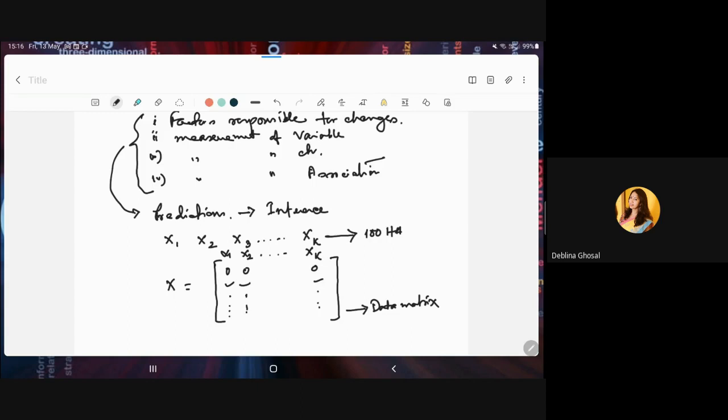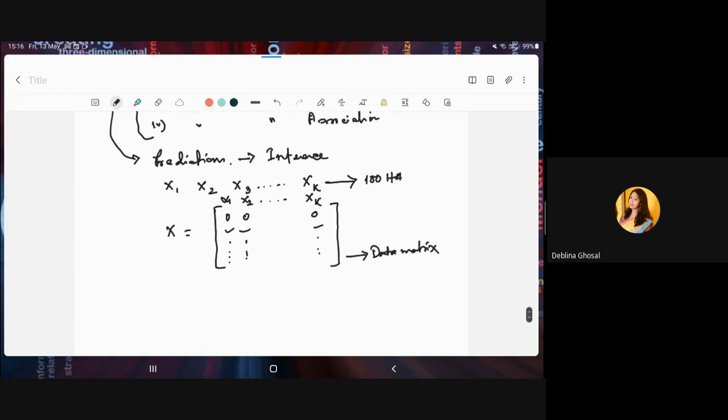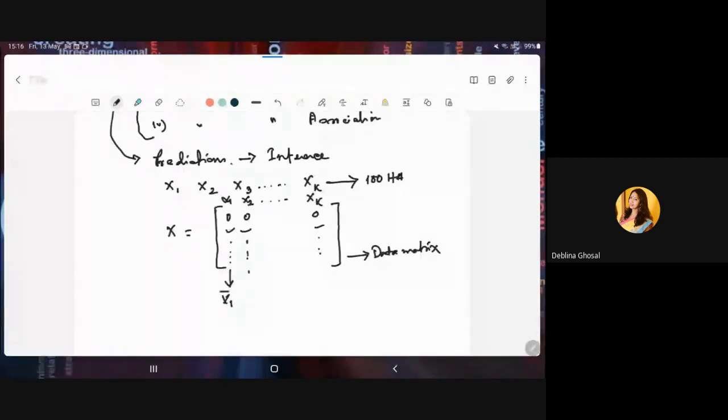Okay. So when you get the data matrix, then what do you have to get? We can find out the different descriptives. For example, what will be the mean of x1? You can calculate this mean.